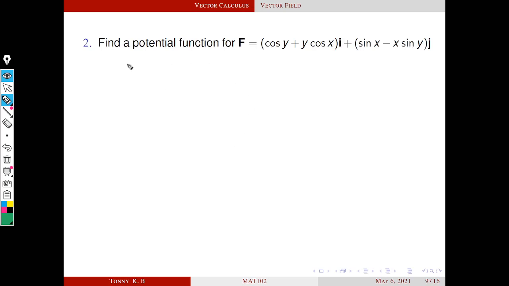Next problem. Find a potential function for F. F is equal to (cos y plus y cos x) i plus (sin x minus x sin y) j. Okay, so how to find the potential function?